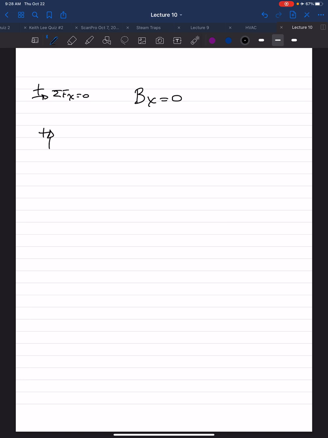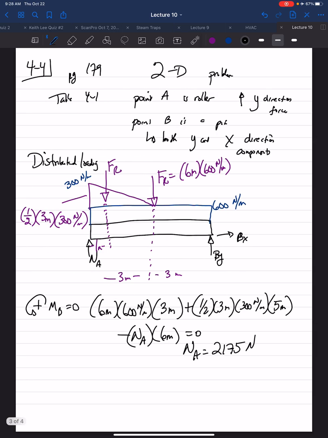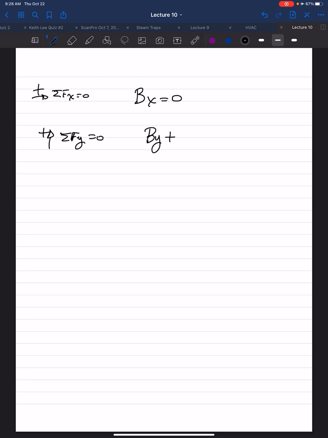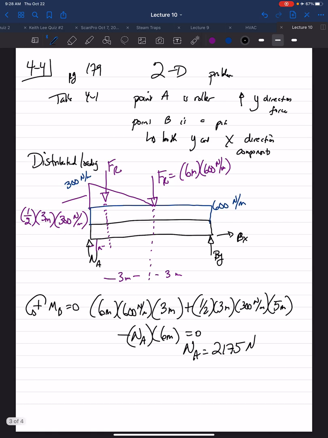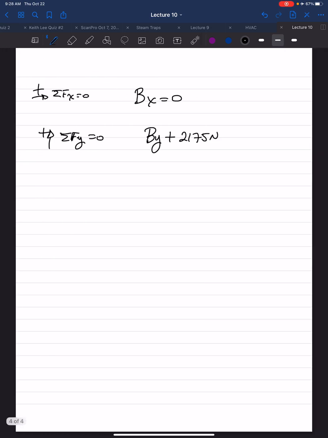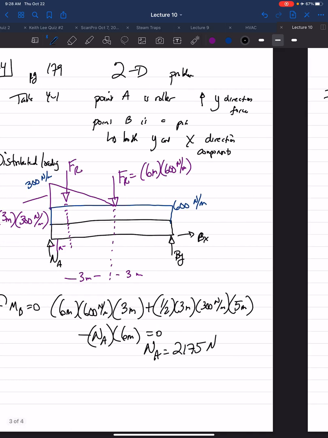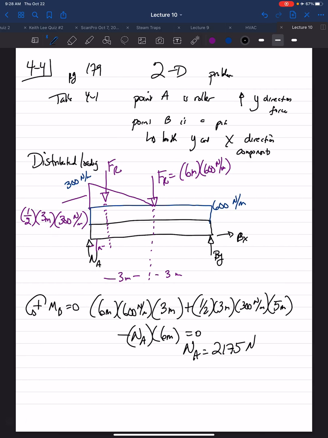Last but not least, we're solving for By. If we sum our forces in the y direction equal to 0, the requirement for equilibrium, we have the By plus the Na, which we solved for, minus the 2 resultant forces from the loadings. So minus the 1/2 times 3 meters times 300 Newtons per meter, minus the 6 meters times the 600 Newtons per meter.